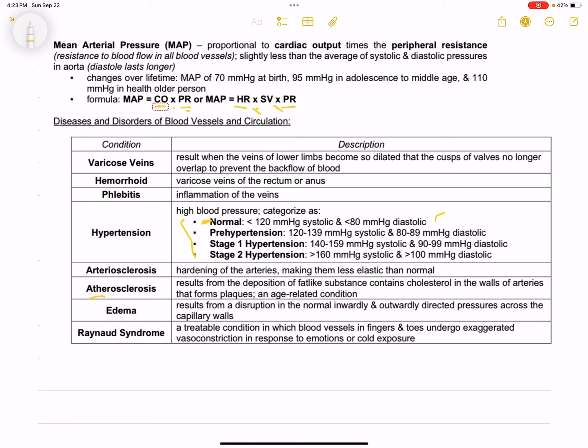Then edema, swelling, where there is a lot of fluid. It results from disruption in the normal inwardly and outwardly directed pressure across the capillary walls. So with edema, there is fluid that builds up.